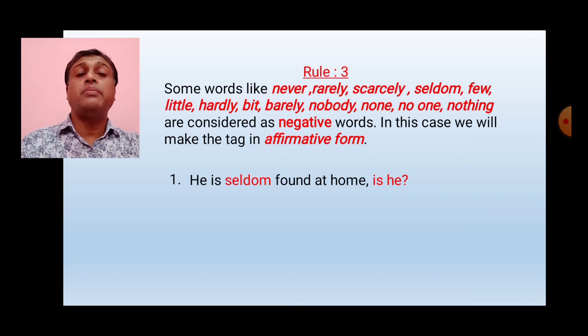Here auxiliary verb is. So I have written here is. As seldom is a negative word, we cannot write not in our answer. So I have not written not in my answer. Then I will write pronoun of subject. Here subject is he and he itself is a pronoun. So the answer of this statement is he.